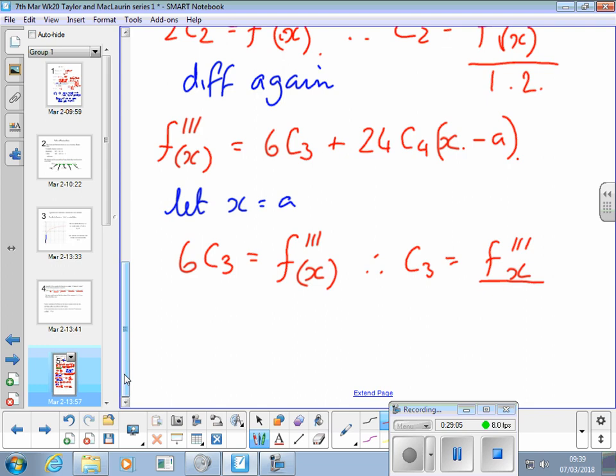That's equal to 6, isn't it? But how else can we write that? Yeah. So we can write that as 1 times 2 times 3.